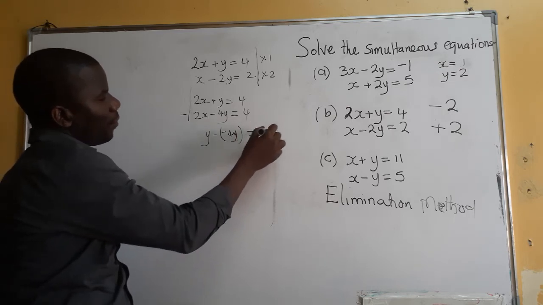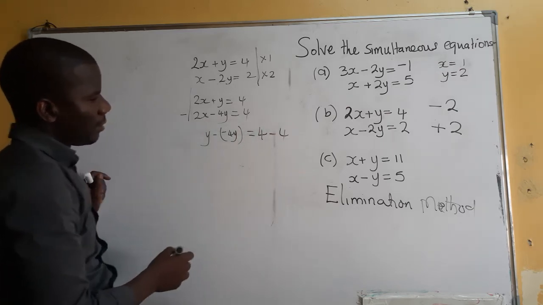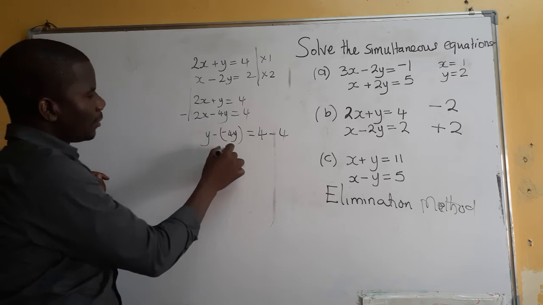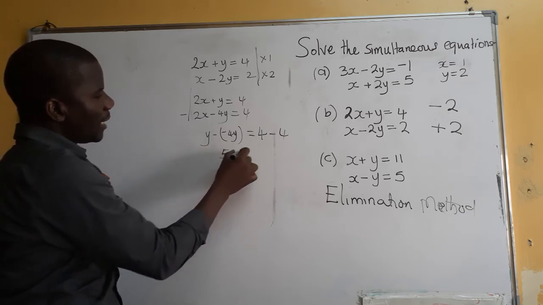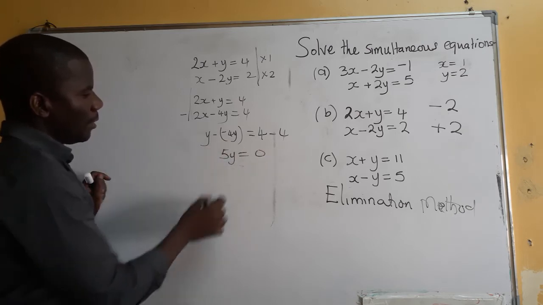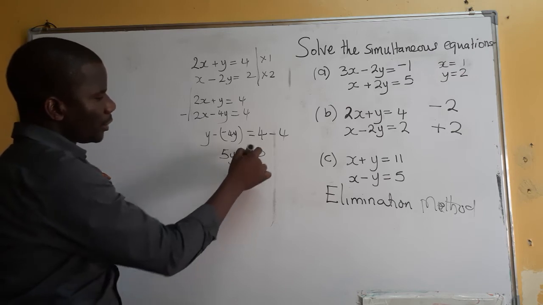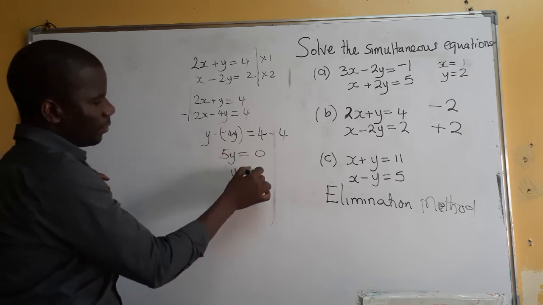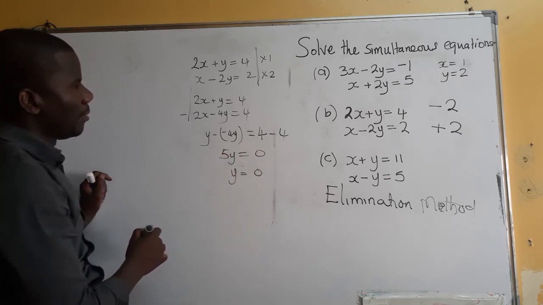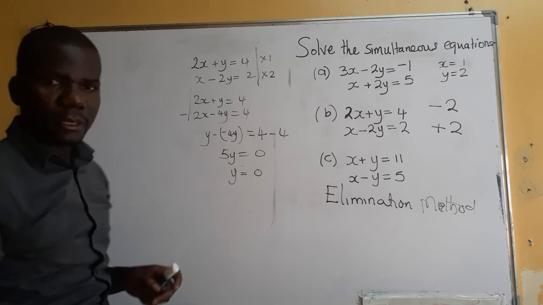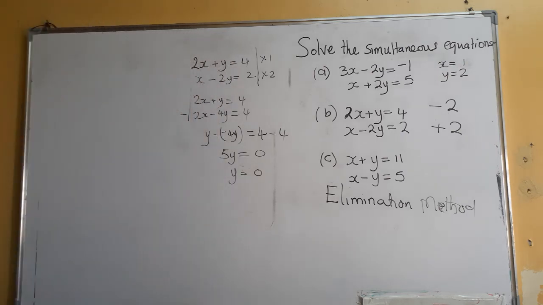Then here we have 4 minus 4. Alright? So this is going to be 5y is equal to 0. So y is equal to 0 divided by 5. We get 0. Is that clear?